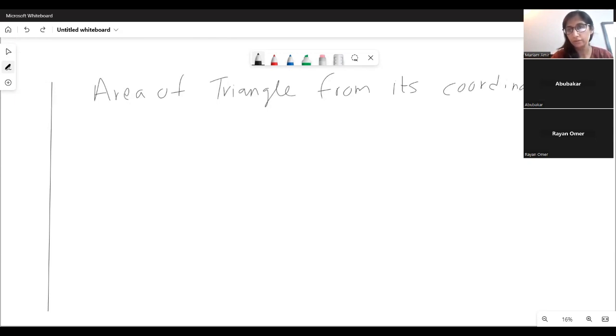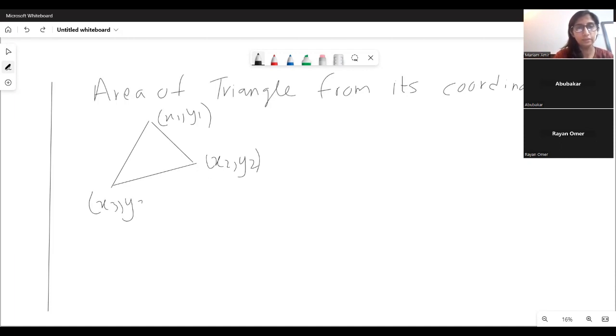Which means that if you have three coordinates of a triangle, x1, y1, x2, y2, x3, y3, then you have enough information to find its area.